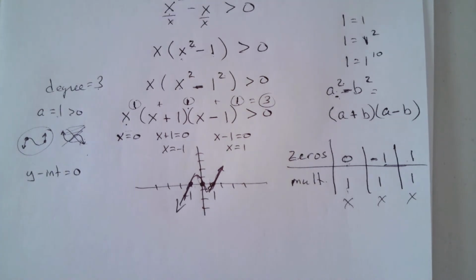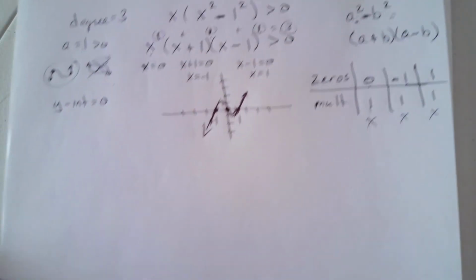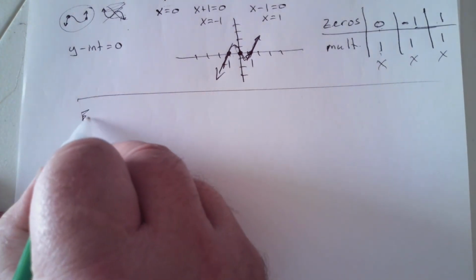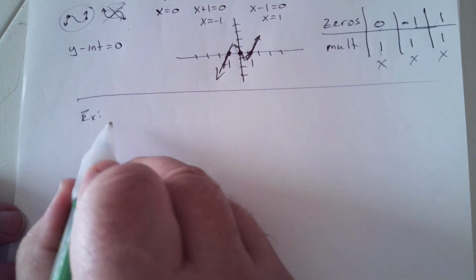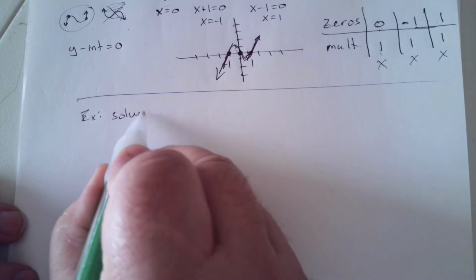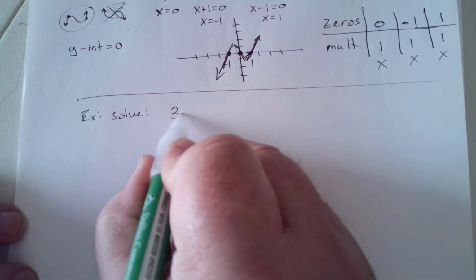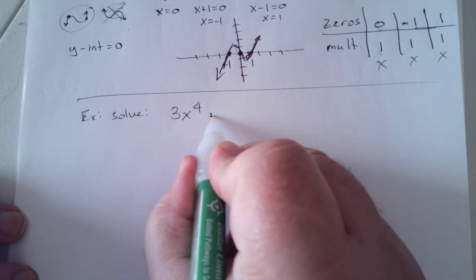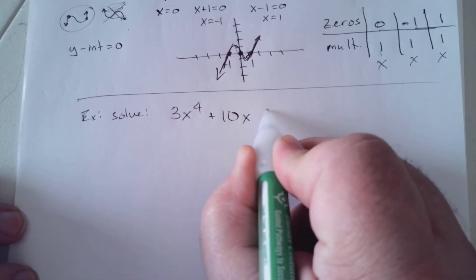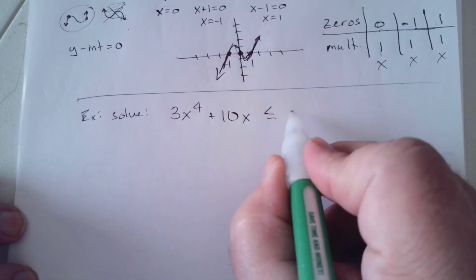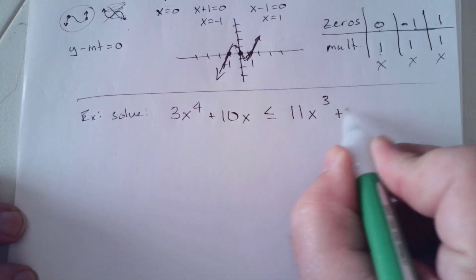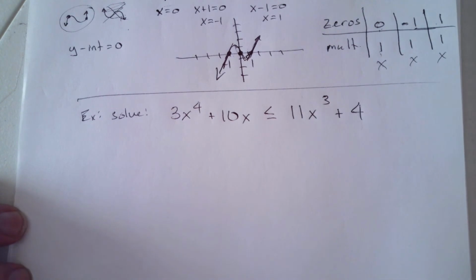All right, let's look at bigger equations now. Solve 3x to the 4th plus 10x less than or equal to 11x cubed plus 4.